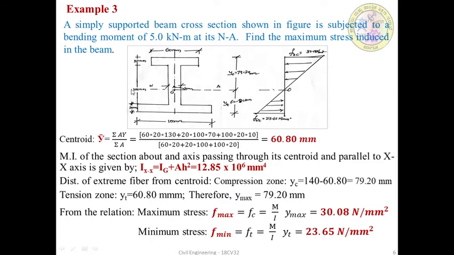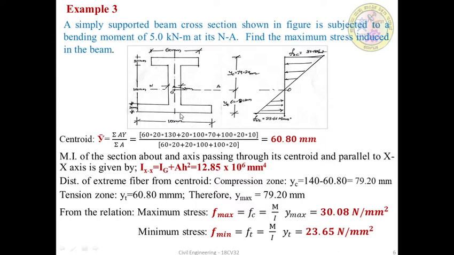The bending moment acting about the neutral axis is 5 kilonewton meter, the M value is given. So we have to find the induced stress in the extreme fibers. This is the extreme fiber with respect to the neutral axis, and this is also an extreme fiber. We have to find the bending stress at both the top and bottom fibers.